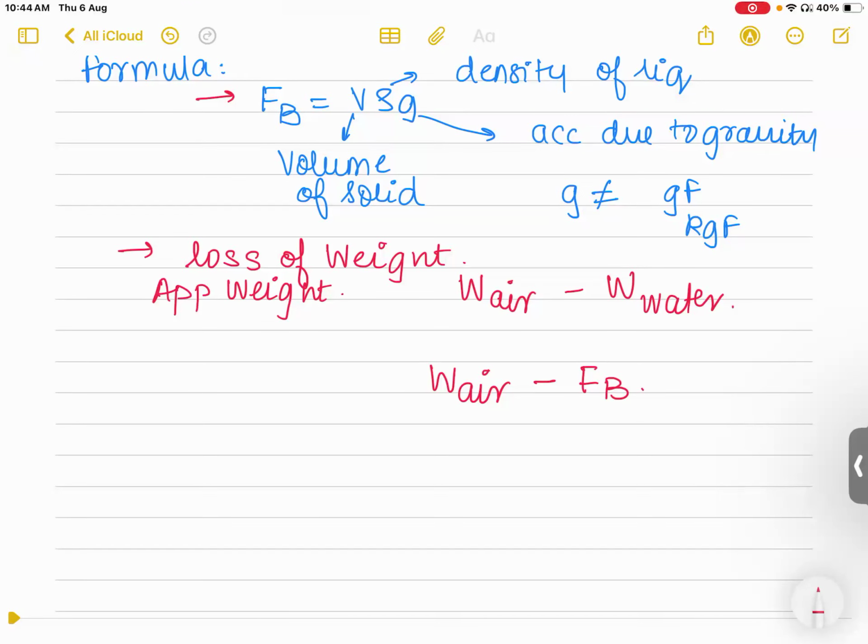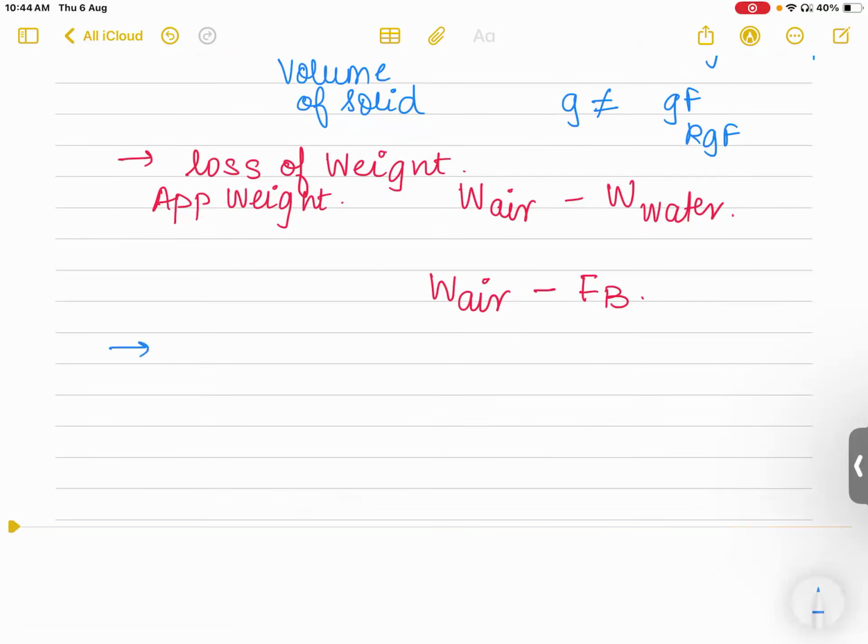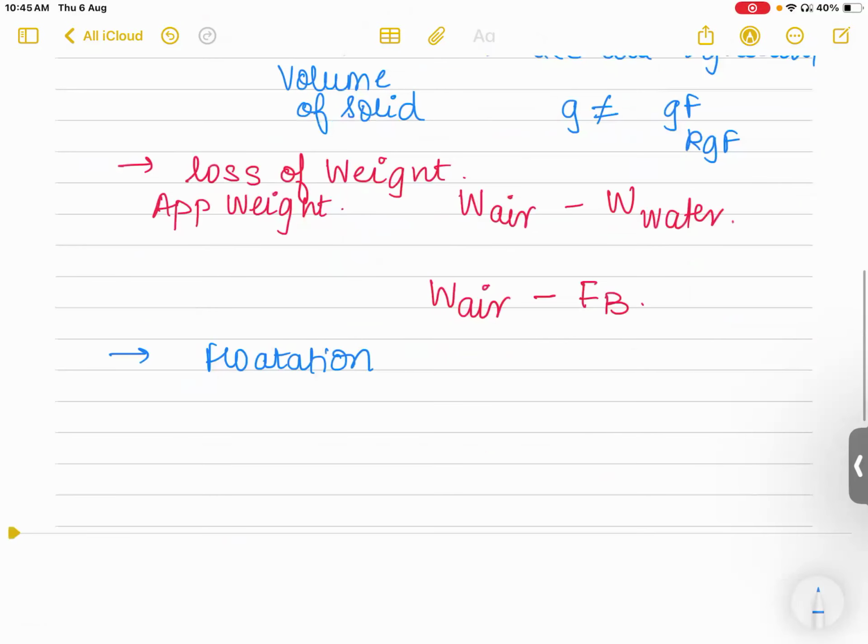Okay, guys. The third, the most important part, is whenever they say that the object is floating. If the object is in a state of flotation, or if the object is floating, guys, listen carefully, students, the weight of the object, or the FB which is going to act on the object, will be equal to its mass. Means, for example, they say that there is a hollow wooden block which is dipped in the water.